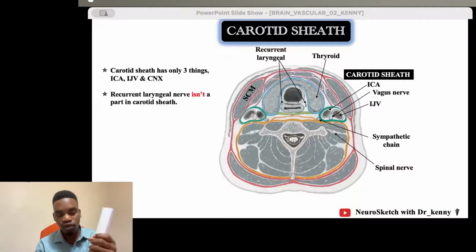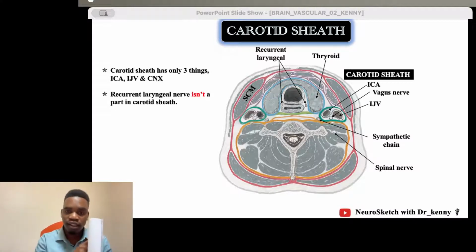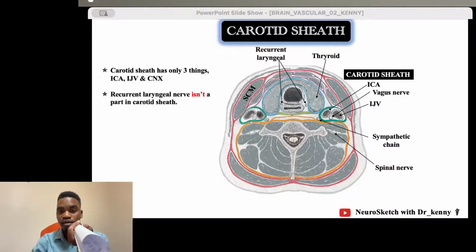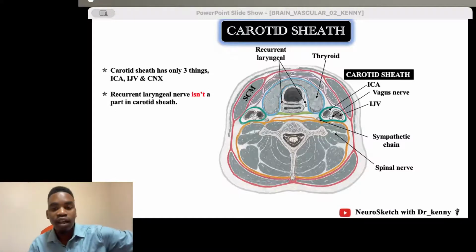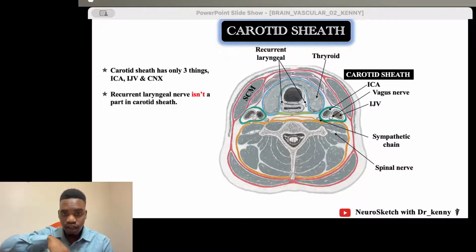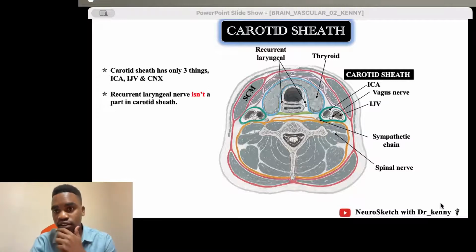So the carotid sheath will contain the common carotid artery, and after bifurcation, forming internal carotid and external carotid, the external carotid will leave from this carotid sheath, and the internal carotid will be maintained in this carotid sheath.